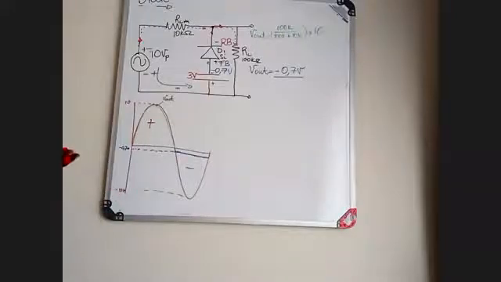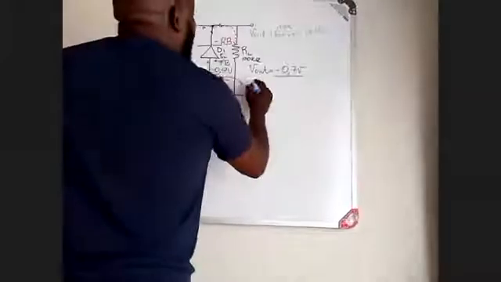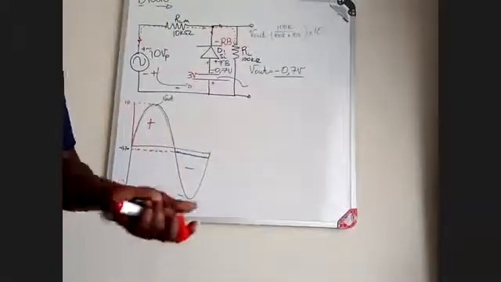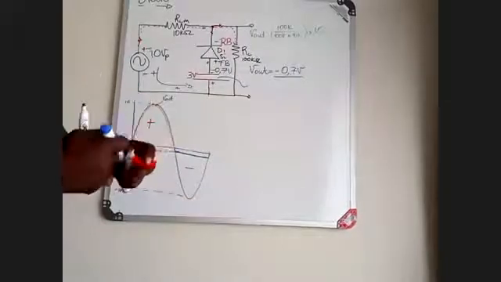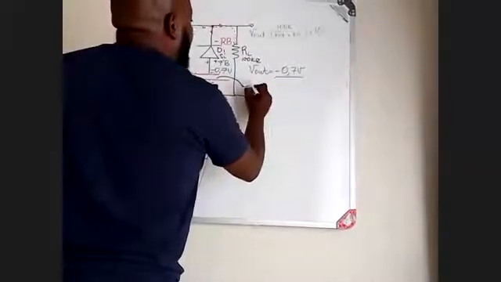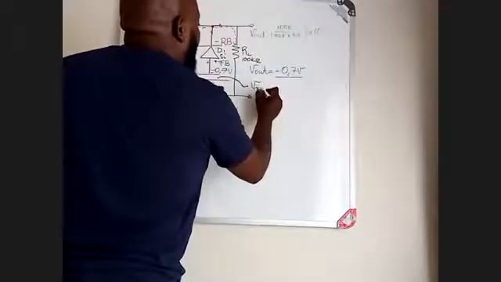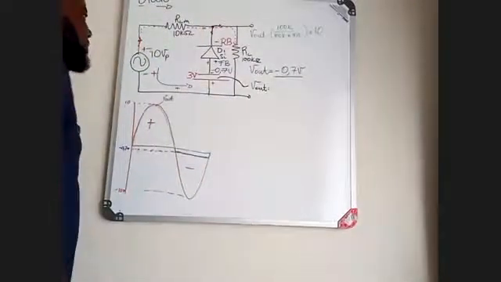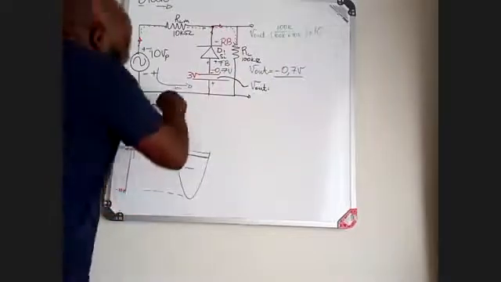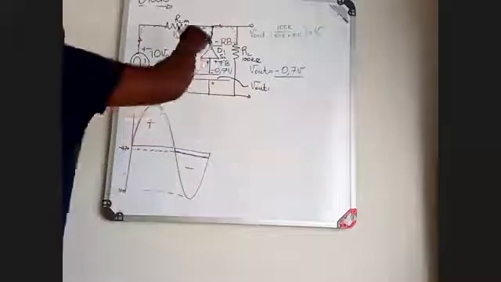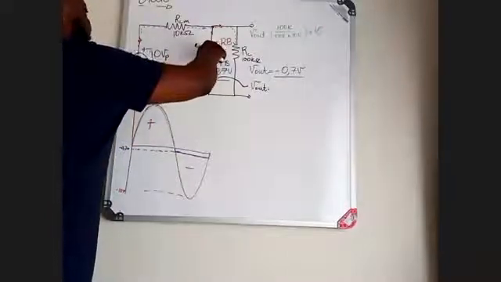my output will be given by V out. You will see that during the negative cycle, I have forward biased this component to be what?